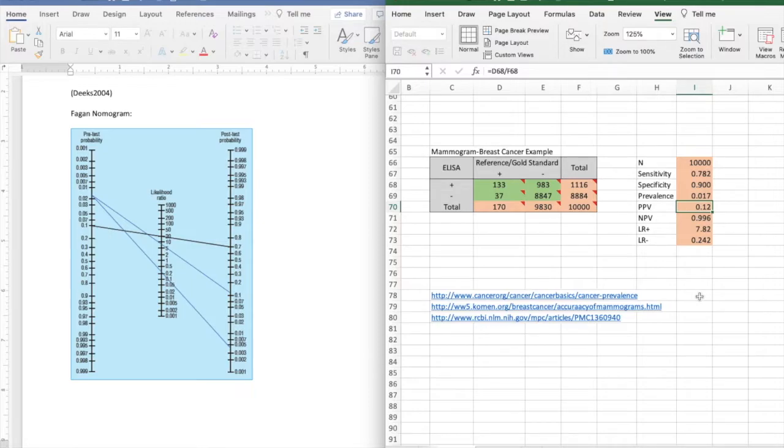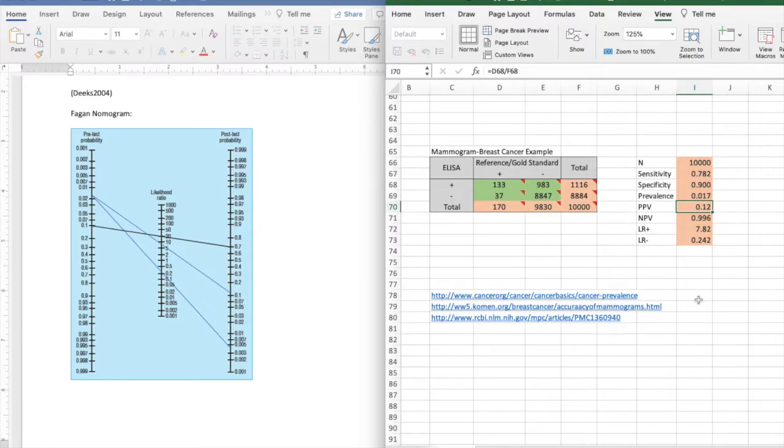So if you just say it like that, wow, I had a positive mammogram, my chance of breast cancer is now 7-fold greater, which makes sense, right? Positive likelihood, 7-fold greater. That sounds really high, but it only takes you to a post-test probability of 12%. So you've got to look at both relative and absolute.